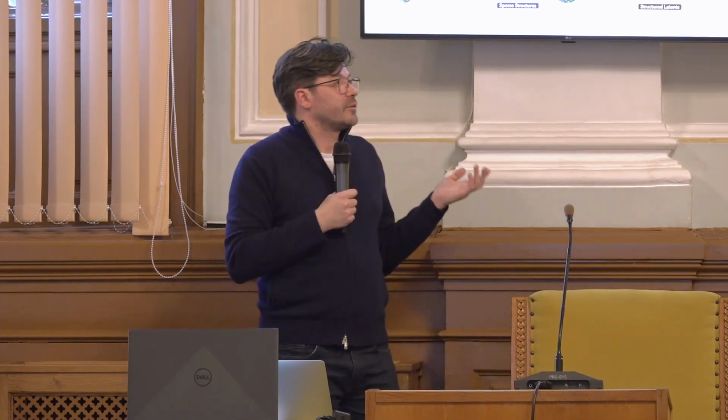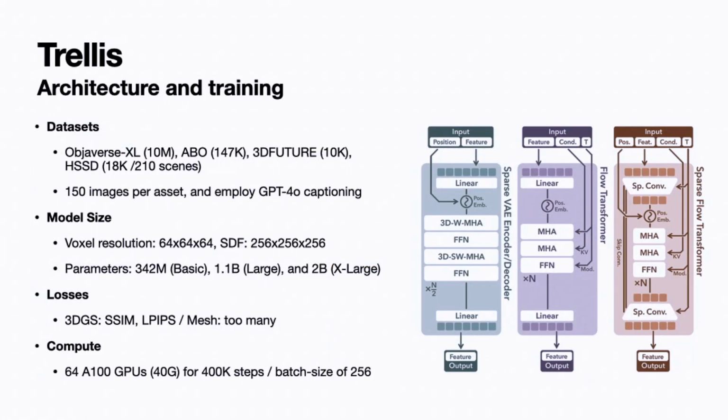These are all trained conditioned on text and images. So you can choose whatever conditioning data you want to use. I'm going to show you examples that are mostly on images. The architecture is a bit complicated, but it's very standard.